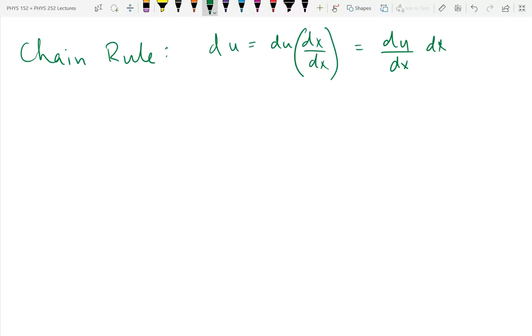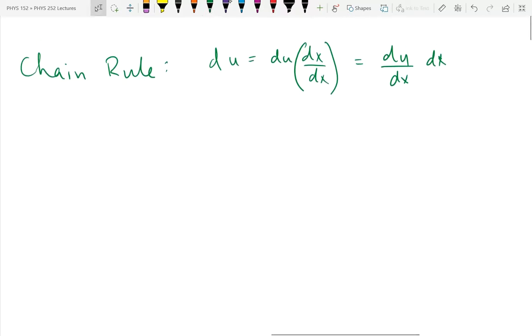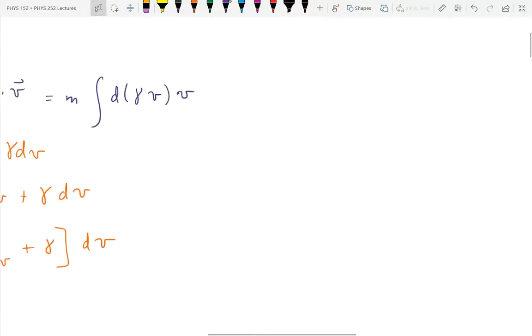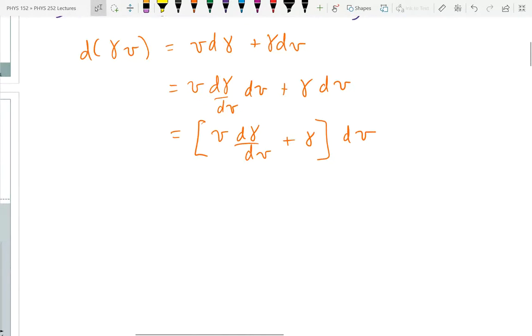And so that's what I had to do here because I had d gamma, which was not the variable I wanted for my derivative. I wanted dv. So coming back to what we have now, we have v d gamma dv plus gamma.